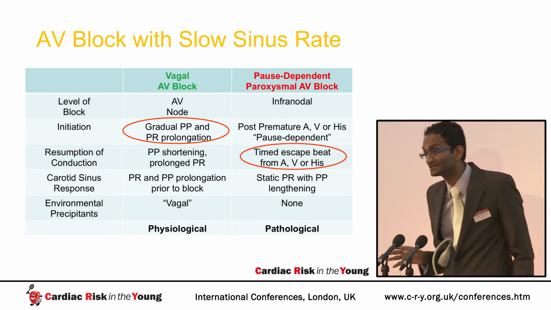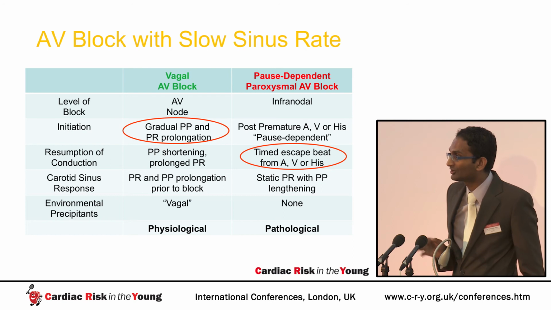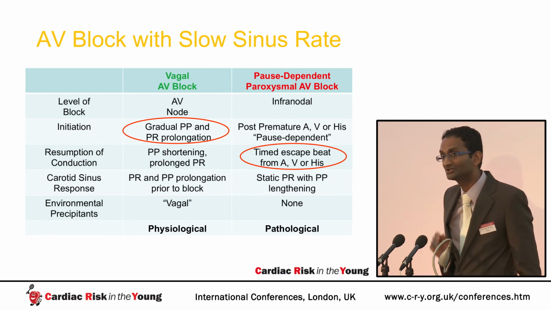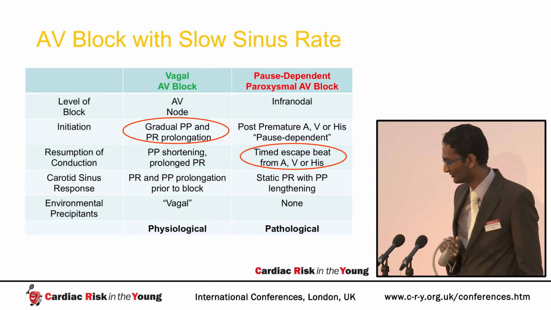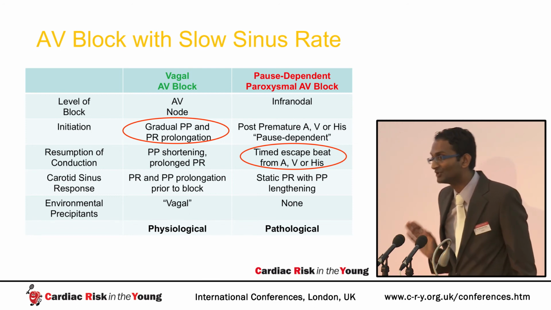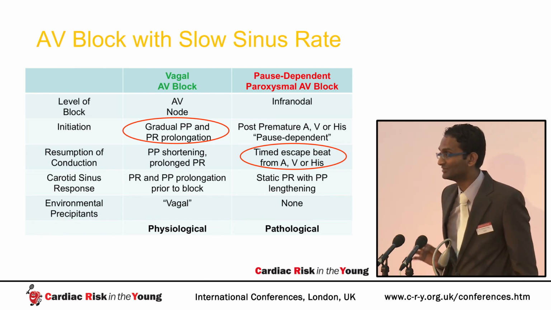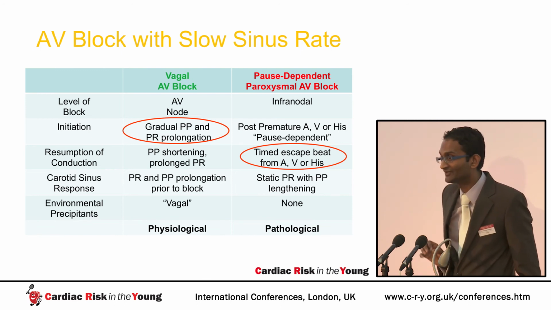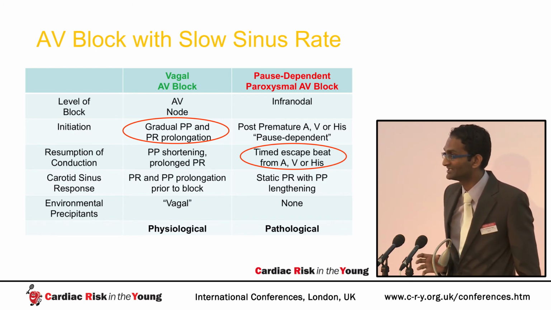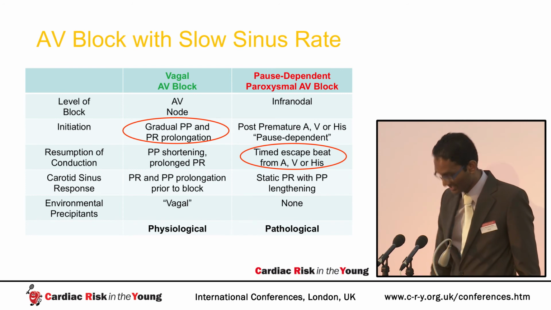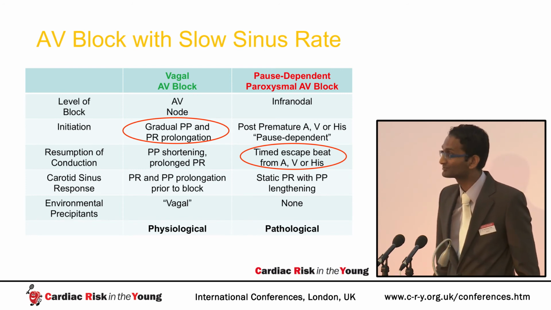Whereas if the onset of block and the restart of conduction coincides with an ectopic from either atrium or ventricle or anywhere else, the possibility of pause-dependent paroxysmal AV block must be considered. The reason for that is pause-dependent block is also related to infranodal disease and is potentially a cause of sudden cardiac death, which must not be missed.